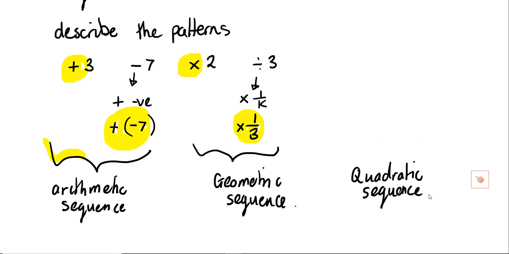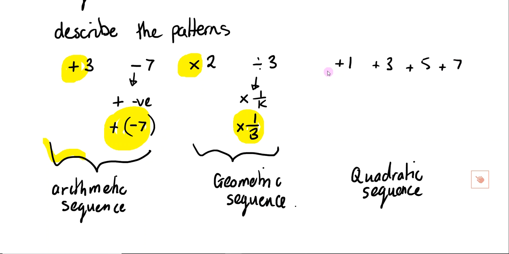How would I know it's going to be quadratic? Because in the first line of difference it's going to be not the same. It'll be changing, yeah? So for a quadratic sequence, it's not always add 3. It would be add 1, then add 3, then add 5.